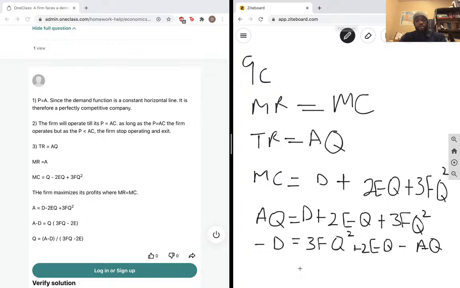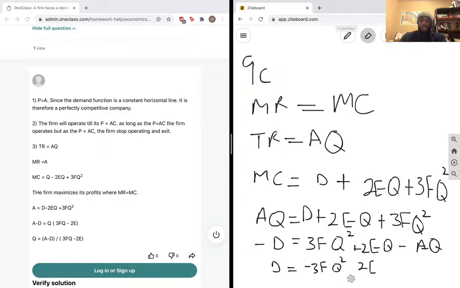And then divide everything by a negative. Oh no, it's not a plus.